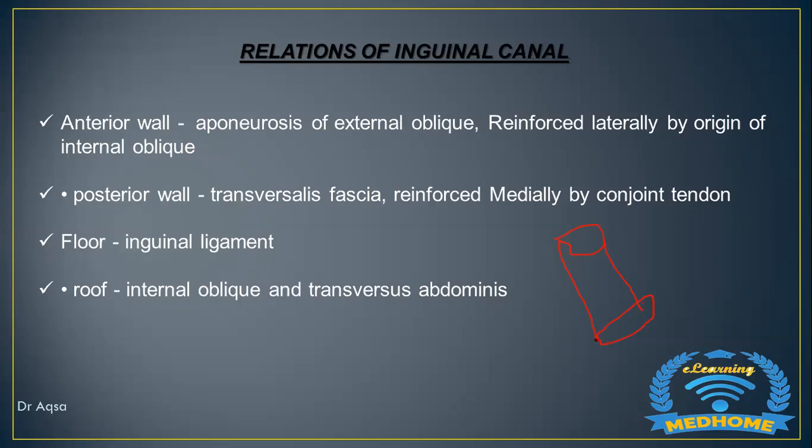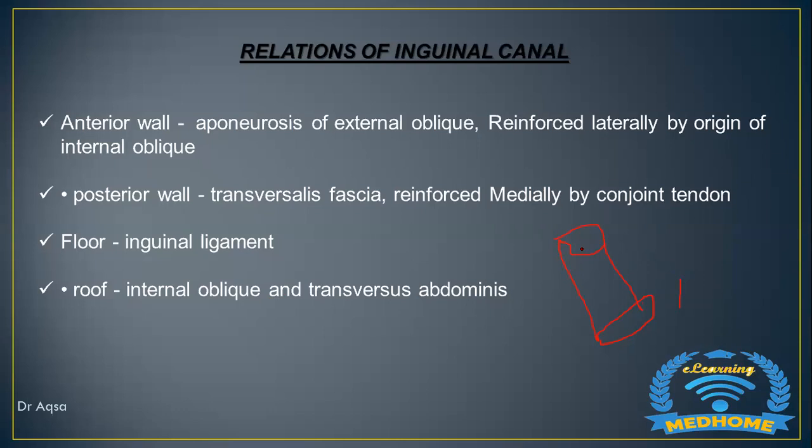The floor is formed by the inguinal ligament, because the inguinal ligament is here. And if you look here, the pubic tubercle will be lying here. And the roof is formed by the internal oblique and the transverse abdominis muscle. So it's very easy to remember.